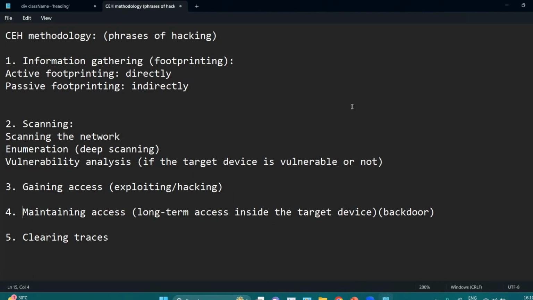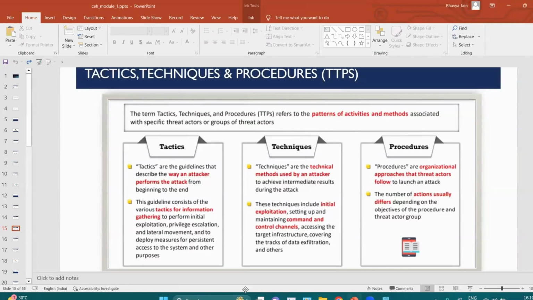So in tactics, we are understanding the methodology, what kind of guidelines, what kind of strategy that particular attacker is using for hacking my system or device. For example, you can see this guideline consists of various tactics for information gathering to perform initial exploitation, privilege escalation, lateral movement, etc.